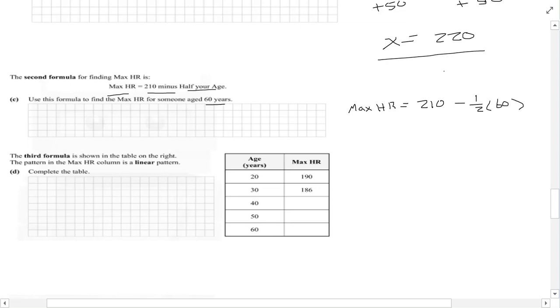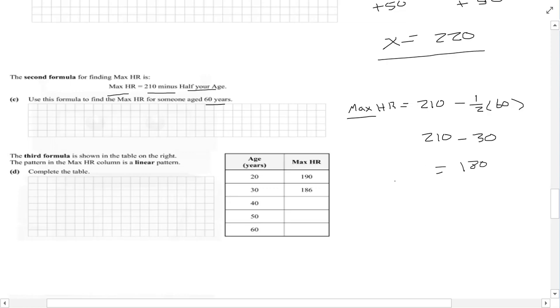So again, we can just work this out. It's going to be 210 minus a half multiplied by 60, which is 30. So 210 minus 30 is going to be equal to 180.